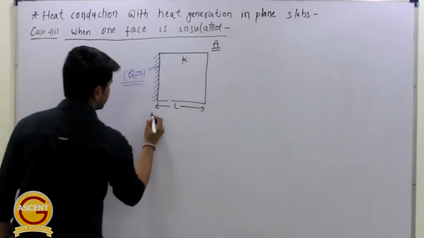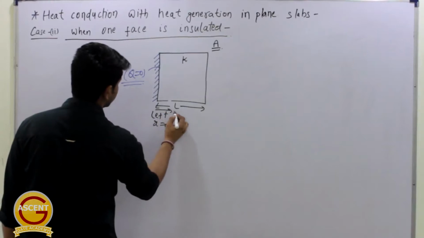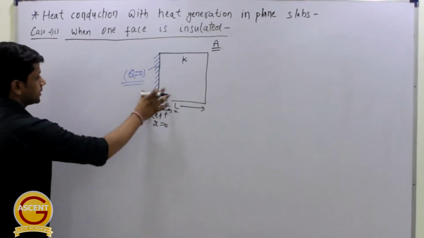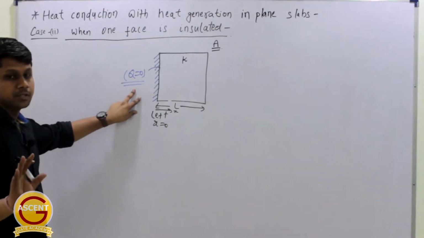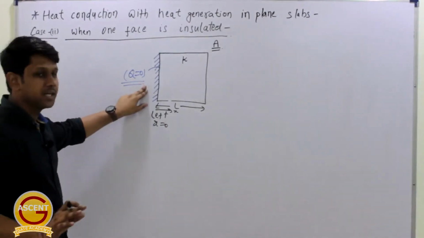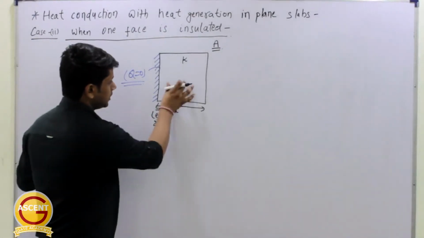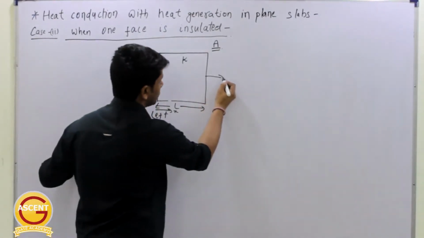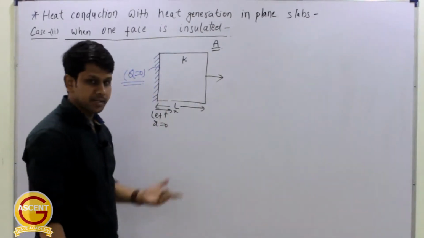Let's say this is the left face at x equal to 0. From here we are taking x. So at x equal to 0, the heat transfer will be 0. There will be no heat transfer from this left face. So whatever heat is getting generated, it should leave from this right face only, right? So it is comparatively an easier case.